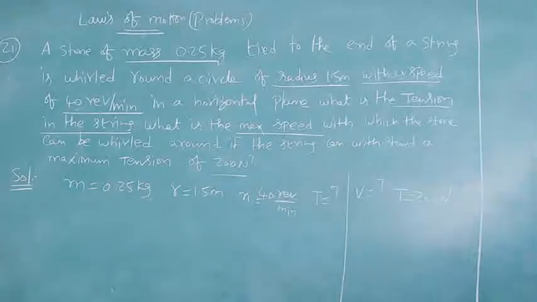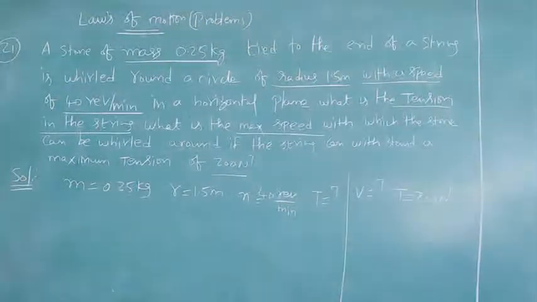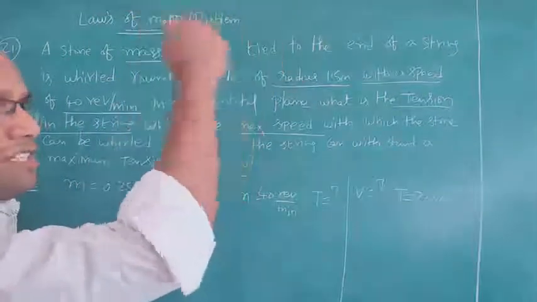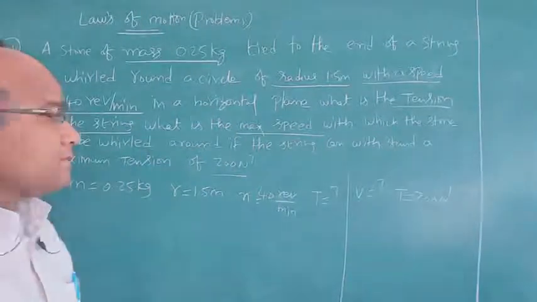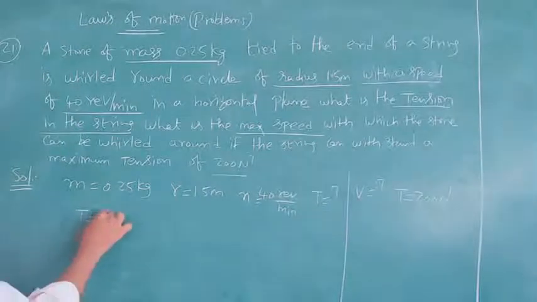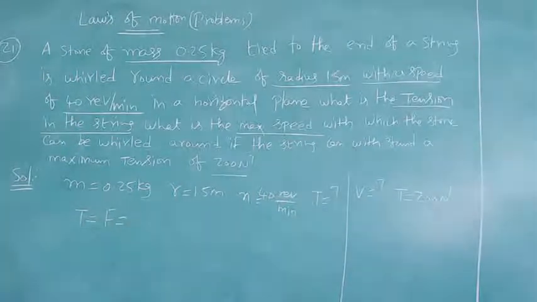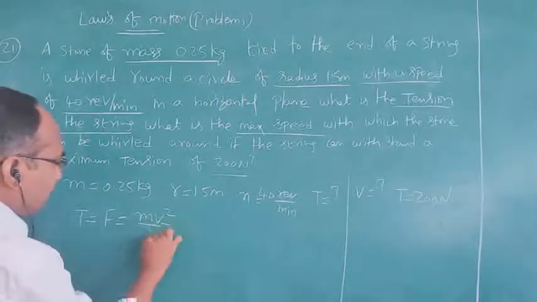So this is the question they have given. Then how to do the problem? Now here, when you are rotating like this in the horizontal circle, it is nothing but centripetal force. So what is the formula for the centripetal force? Tension is nothing but force, which is equal to mv square by r.